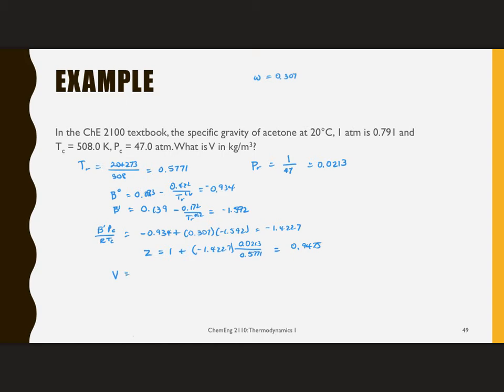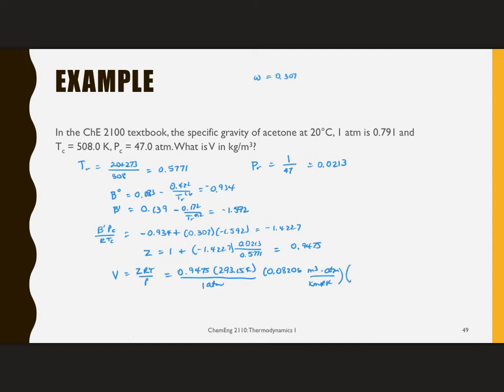V, therefore, is ZRT over P, 0.9475 times 293.15 Kelvin over 1 atmosphere. And then R, let's see, if I use 0.08206 cubic meter atmosphere per kilomole Kelvin.